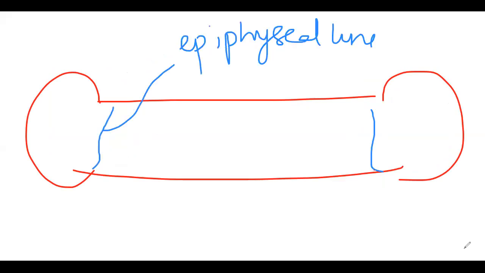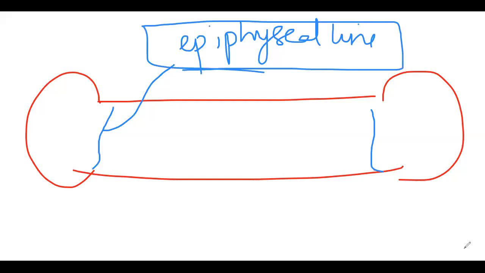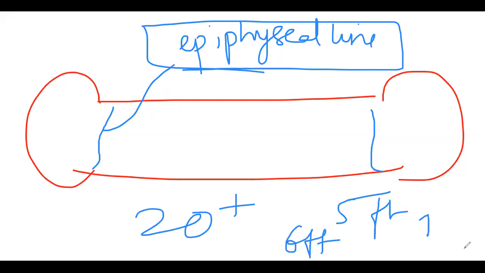If an epiphyseal line is formed, we can say he is above 20 and there is no growth after that. Some will grow 5 feet, some 6 feet, some 6.5, whatever. In general, I am talking about.